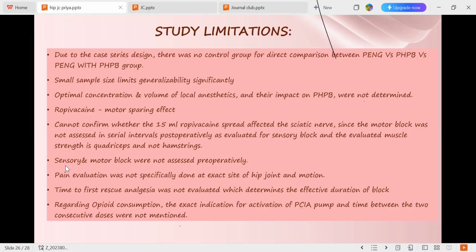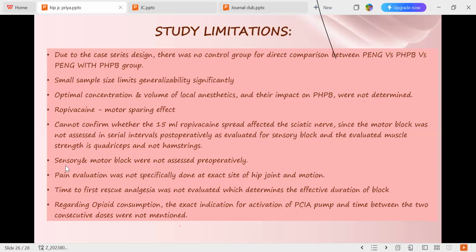And regarding opioid consumption, they have mentioned that a PCIA pump was used, but also that a continuous infusion is not used, only bolus doses. They have not mentioned at what time the patient exactly activated it and what the time interval is between the two activations of the pump.